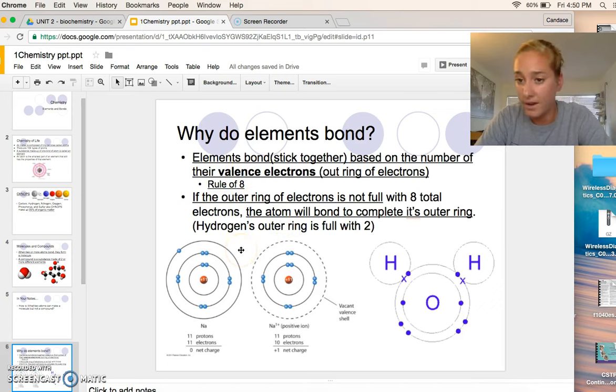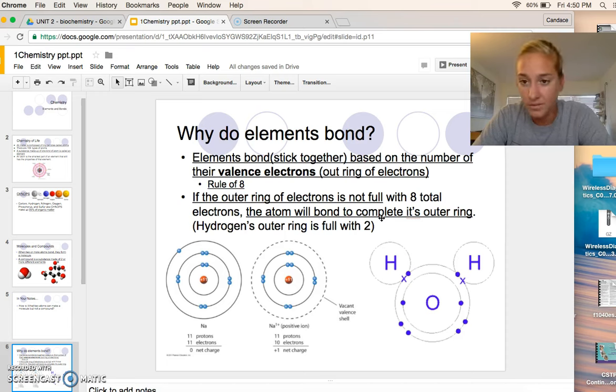Every single type of atom always wants to have 8 electrons in its outer shell. These electrons on the outer shell are called valence electrons because this is called the valence shell. The only exception to the rule of 8 is hydrogen, and hydrogen's rule is more like a rule of 2.